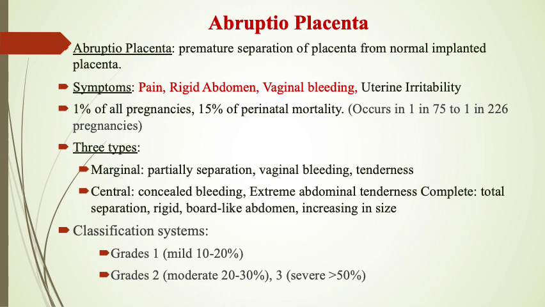That's how you remember the signs and symptoms of abruptio placenta, with the mnemonic DETACHED. Usually with this condition, there are classifications. We use a classification system: grade 1, which is usually mild, about 10 to 20%; grade 2, moderate, 20 to 30%; and grade 3 is severe, greater than 50%.